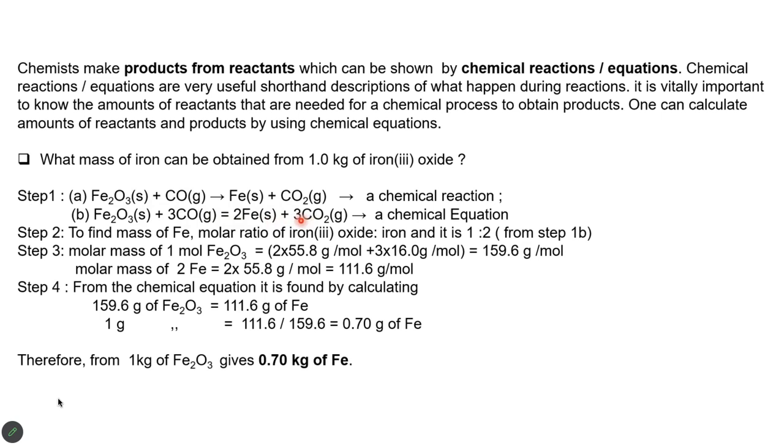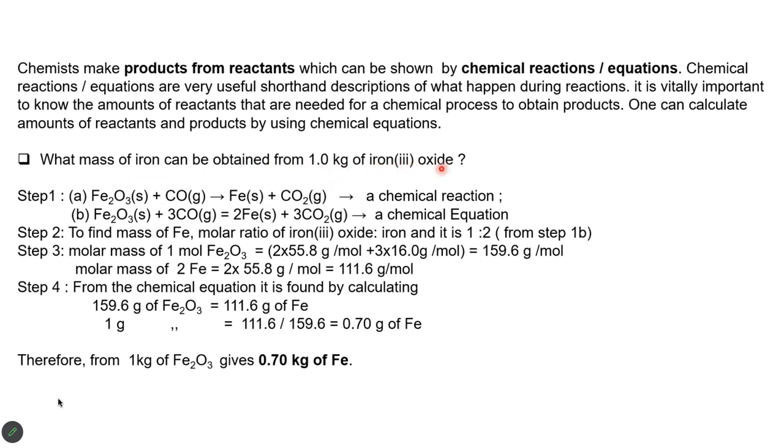So to calculate anything, products or reactants, we need to know the chemical equation before we start calculating. Our problem was to find out the mass of iron we can get from 1 kilogram of iron trioxide.